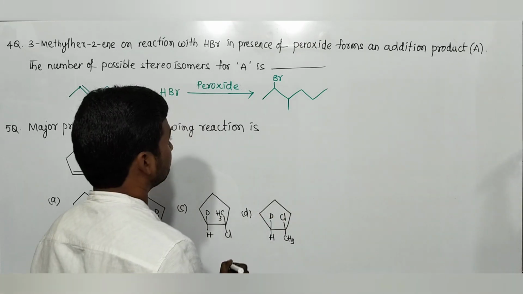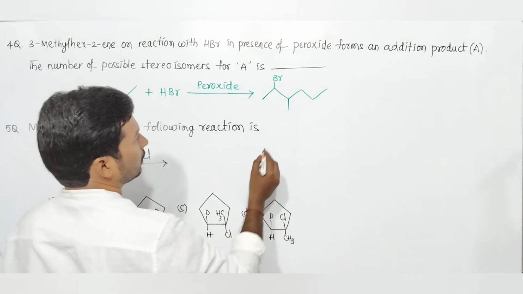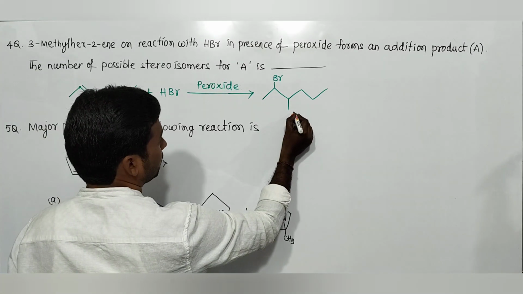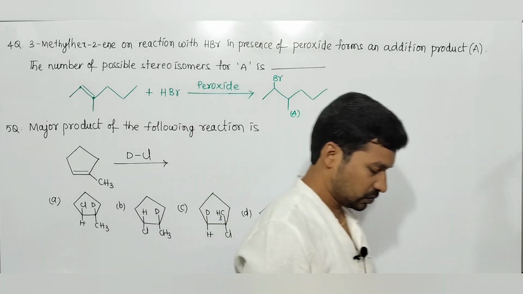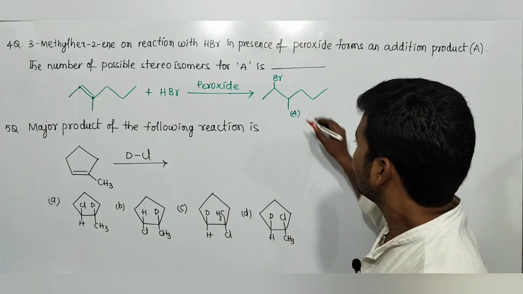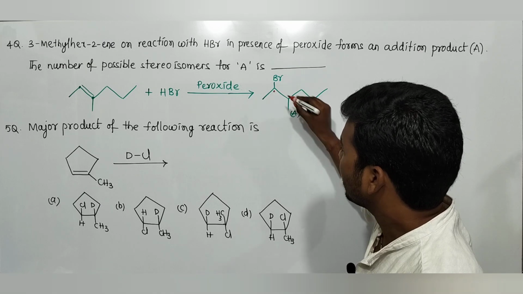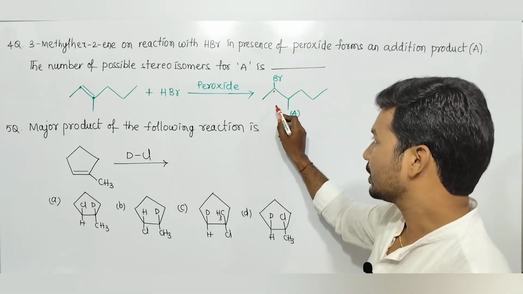Right. This one is A. For this, how many stereoisomers are present? To calculate the number of stereoisomers, first we have to see the number of chiral carbons. This is a chiral carbon: methyl, some other group, bromine, and hydrogen.